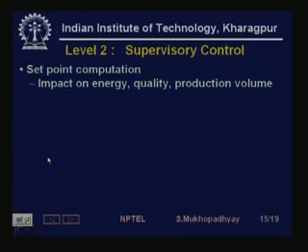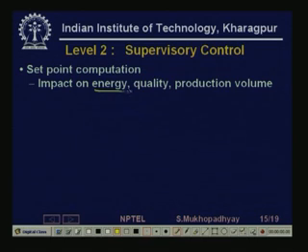So, having said that, let us see its basic features. So what are the features of supervisory control? First point is set point computation. One very important thing is that set point computation is very important in manufacturing from the point of view of energy, quality and production volume.